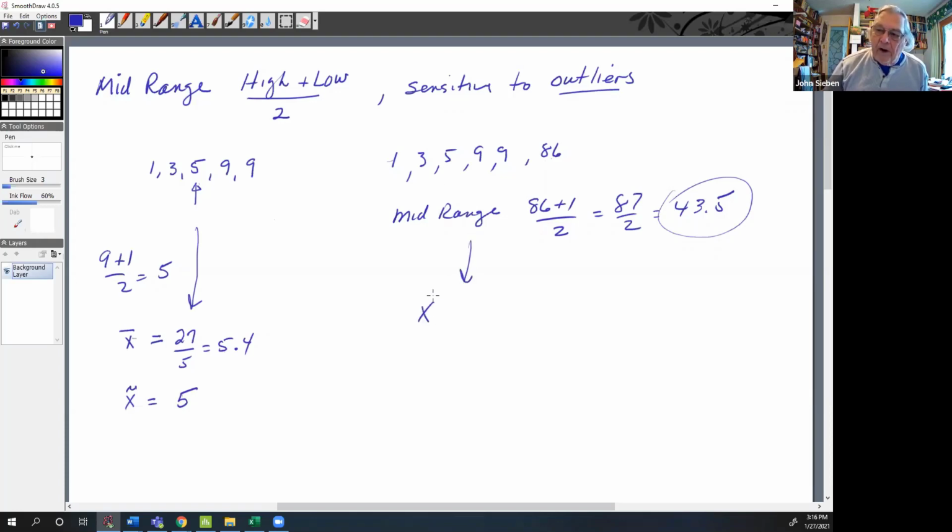But come over to this data set and calculate X bar. I think it would be worthwhile to use the calculator on this one.